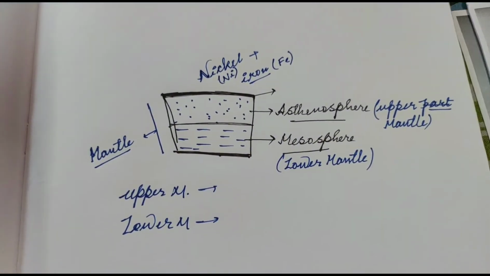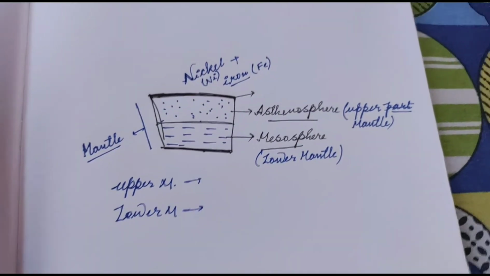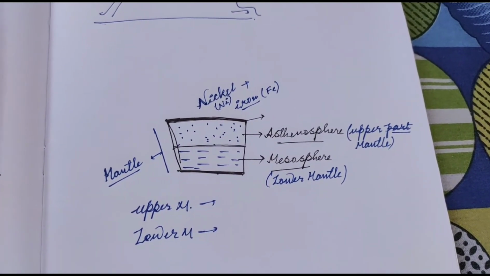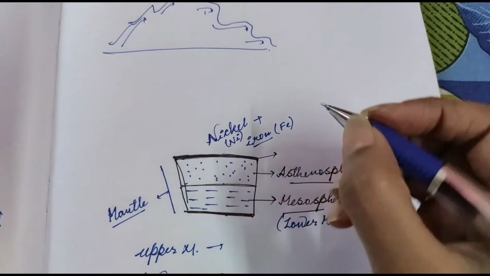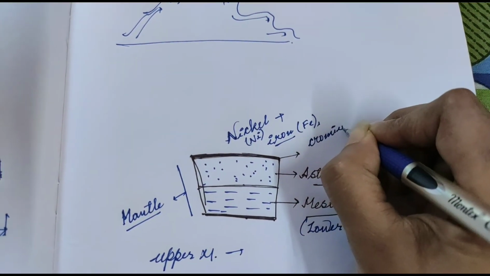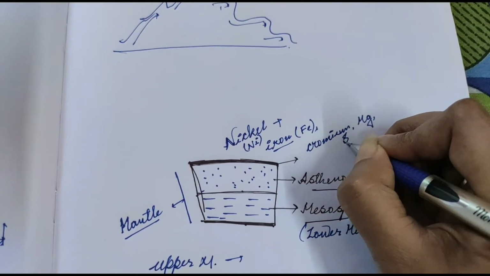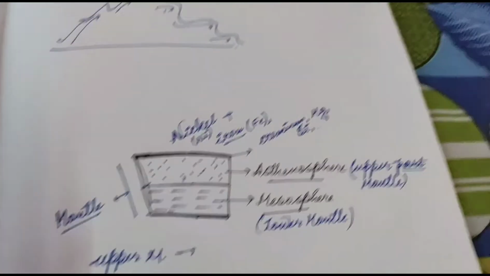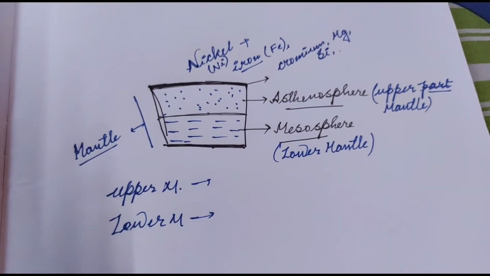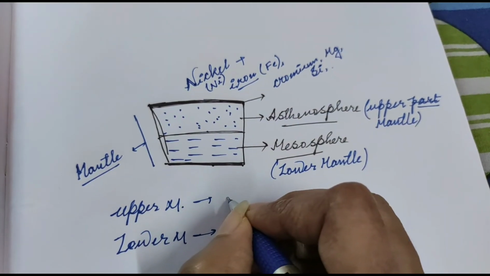But not only nickel and iron are here; there are also chromium, magnesium and silicon. Based on these elements, the names have come: first Crofesima, next Nifesima.